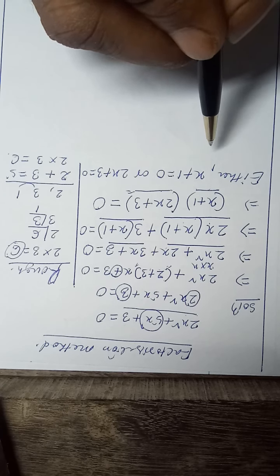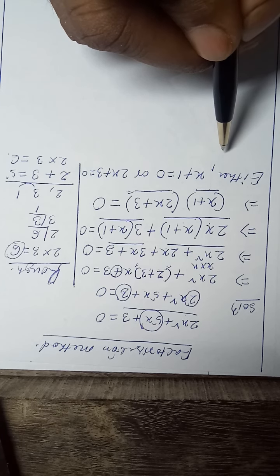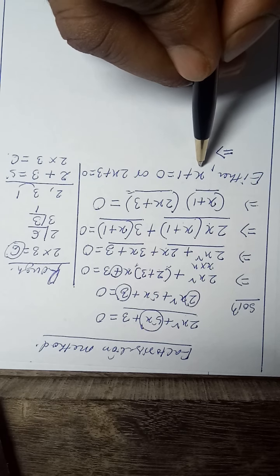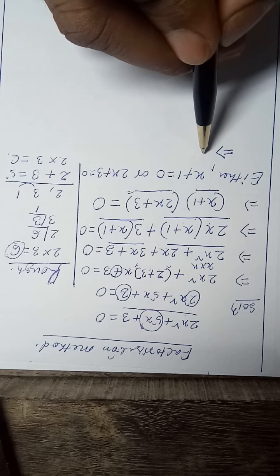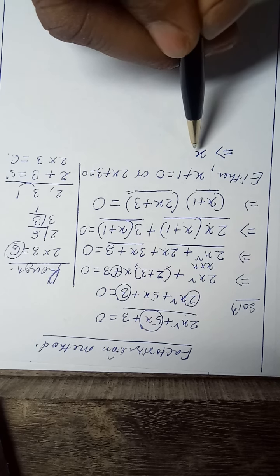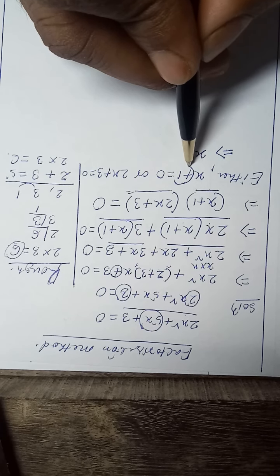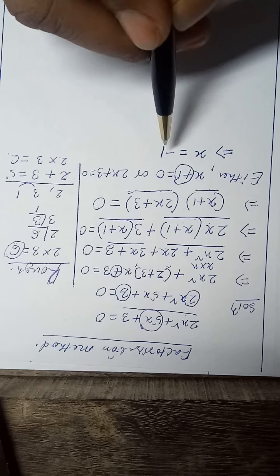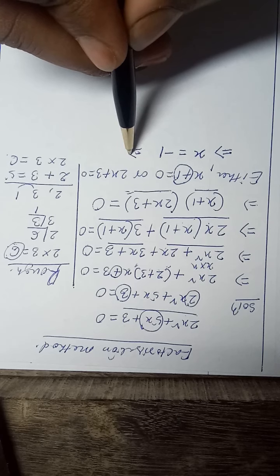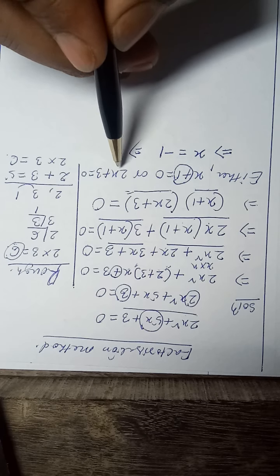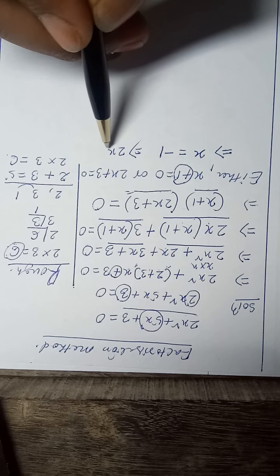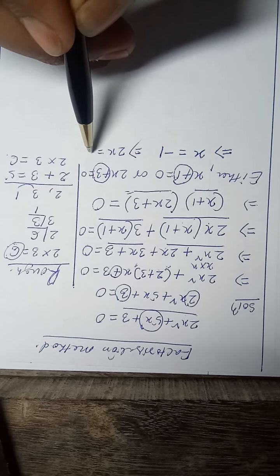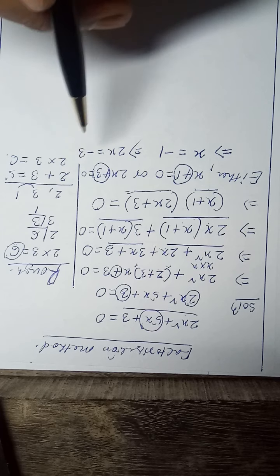Students, already you have learned how to solve a linear equation in class 8. First of all, we have to separate the variable and constant. The variable x is kept on the left side, and the number +1 is transferred to the right side, that is −1. The same thing is done here: 2x is kept on the left side and the number 3 is taken to the right side, that is −3.